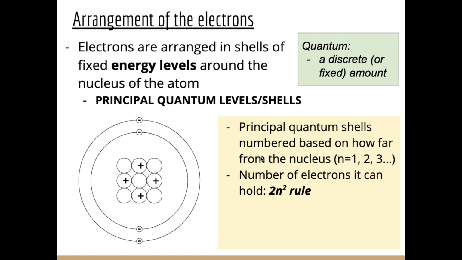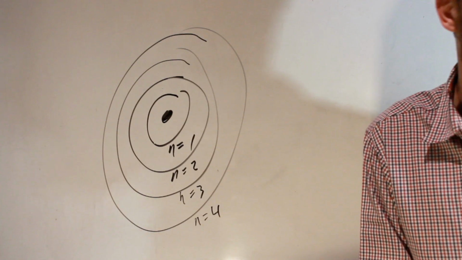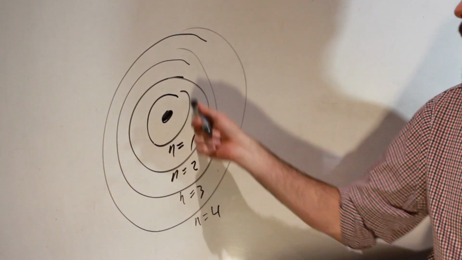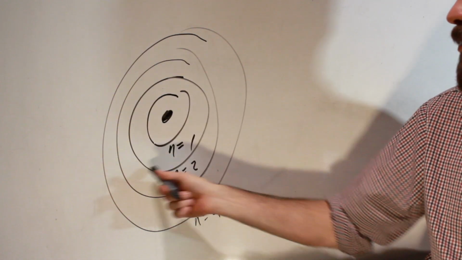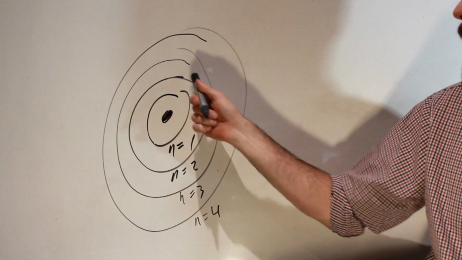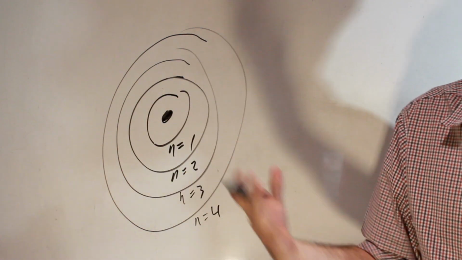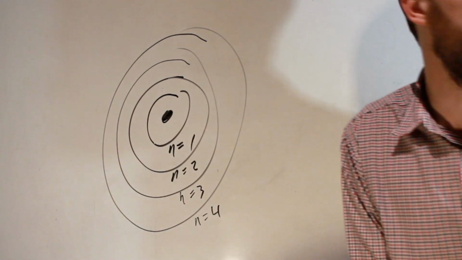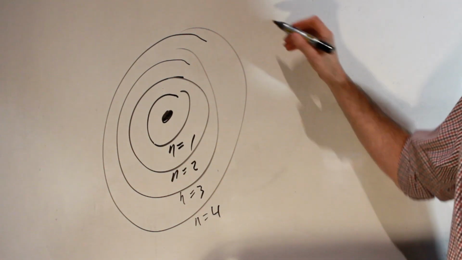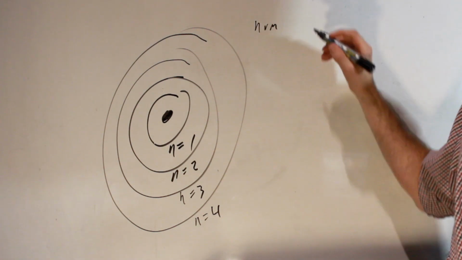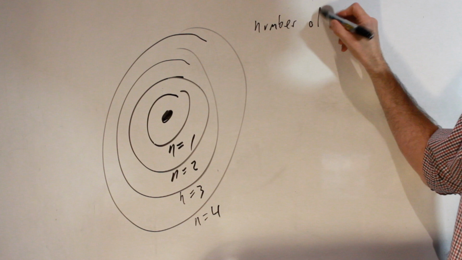Now, how many electrons can fit in one of these principal quantum levels is determined by how big the quantum level is. So we have a quantum level here that's got a smaller circumference than that quantum level, so that's going to hold less than that one. This one is smaller than that one, so that's going to hold less than that one, and so on and so forth. And there's this rule where we can determine the number of electrons that a principal quantum level can hold.